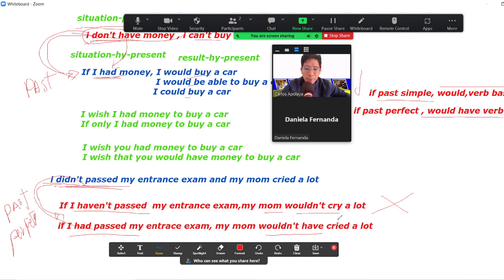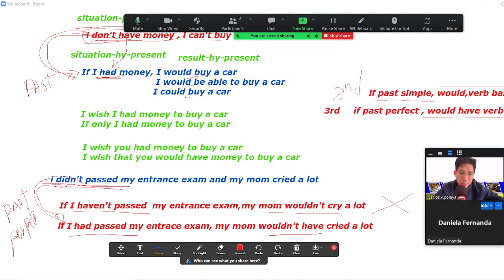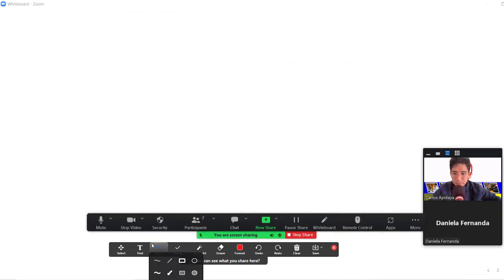Did you understand? Yes. ¿Vamos a practicar un poquito más o ya lo tienes claro? Vamos a practicar un poco. A ver, empecemos. Look at the situation number one.